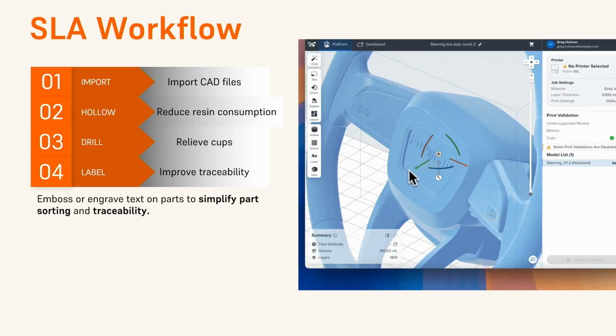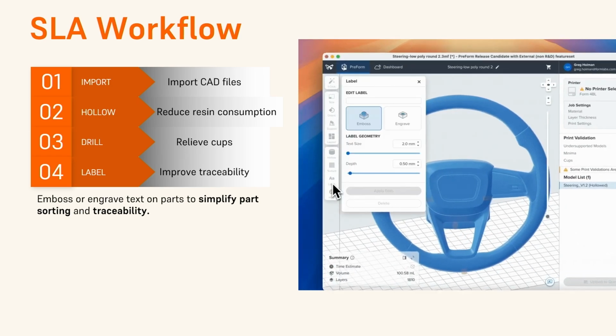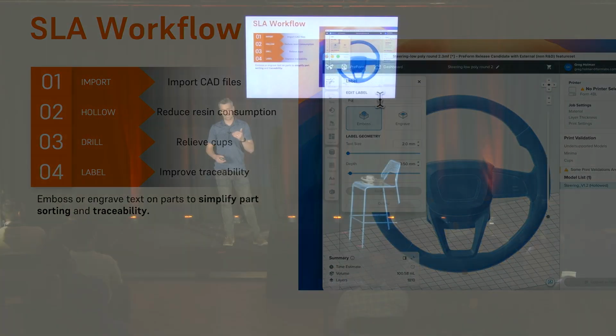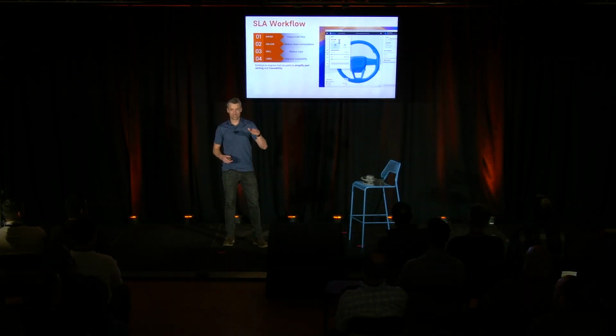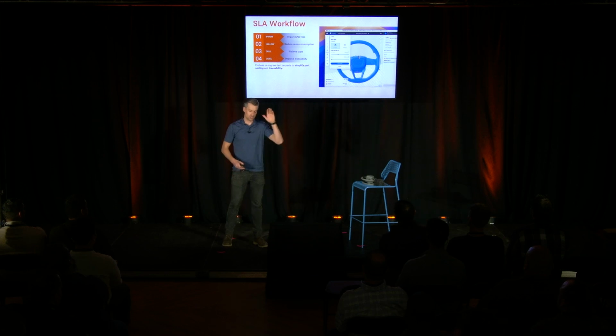So we added this feature to be able to emboss or engrave your text onto your part. And one neat thing about that is that we decided that your initial condition for the label is actually your model name. So one little story there, actually 2 days ago, one of our engineers came up to me, she goes, hey, I really love this feature, and here's why. I printed a spine, so she printed a human spine for Halloween.